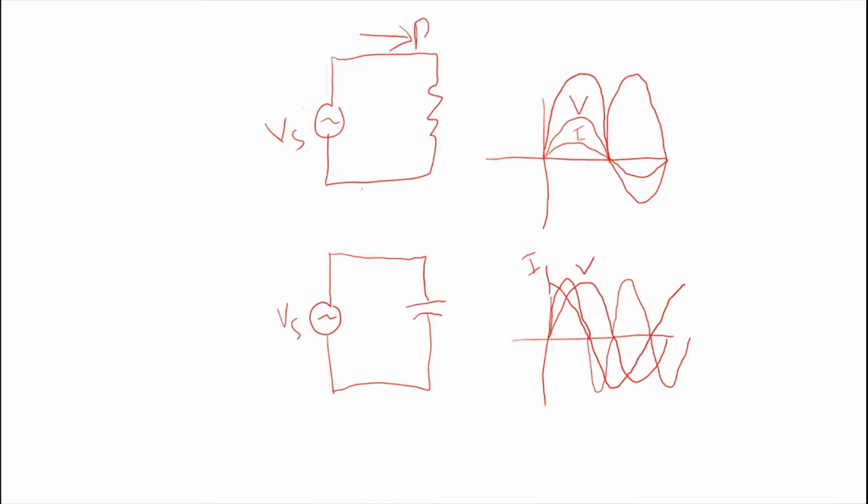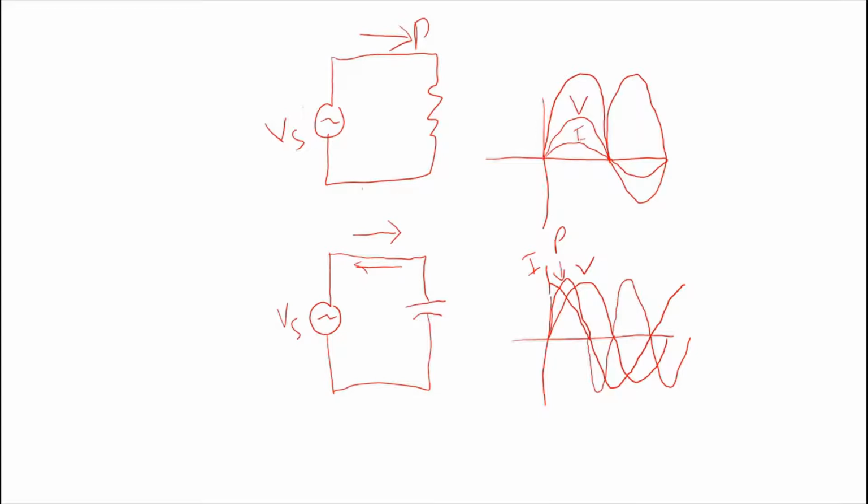So we can see that in a full cycle there are two complete cycles of power. It means the power will first flow from the voltage source to the capacitor, then from the capacitor to the voltage source, then again from the voltage source to the capacitor, then again from the capacitor to the voltage source.